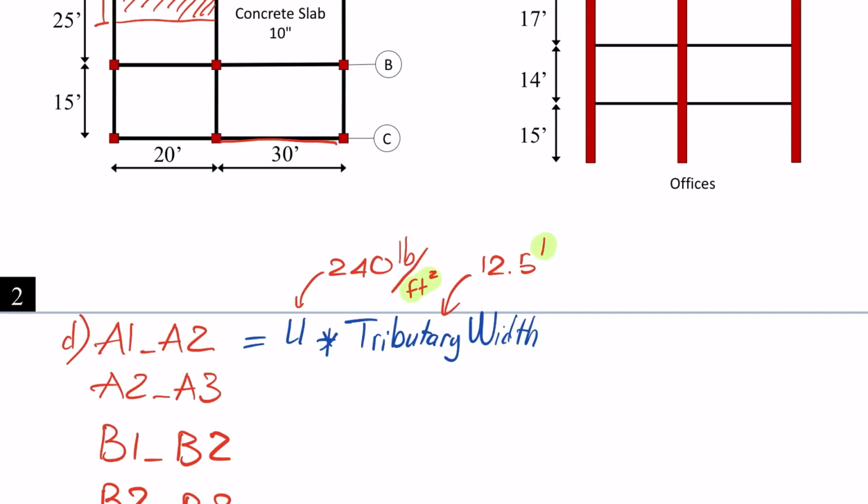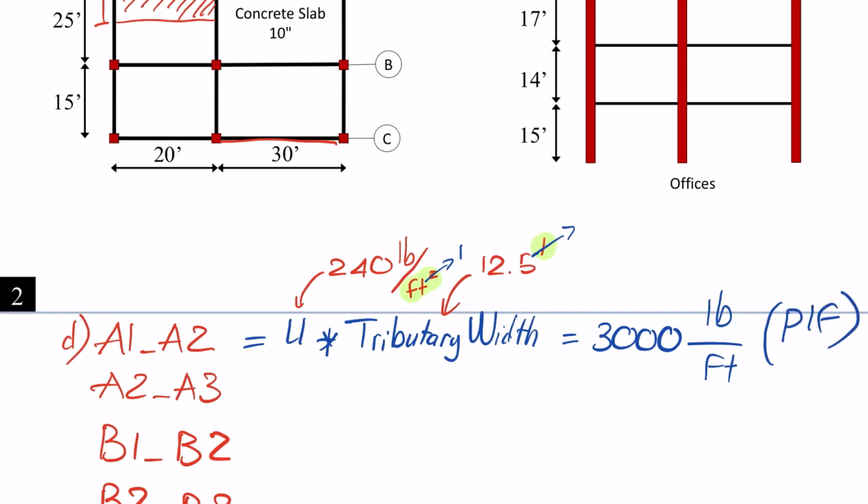This one will equal 240 multiplied by 12.5. I will have 3,000, and the feet over here will cancel with this one. I will have pounds divided by feet, or sometimes you're going to see that I write PLF, that is pounds per linear feet. It just means the same thing.